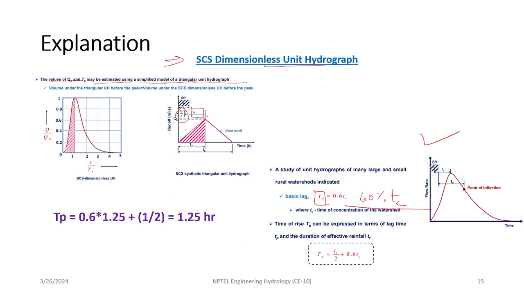Okay, got it? So here the time of rise, that is TP, can be expressed in terms of lag time TP as well as the duration of effective rainfall TR.